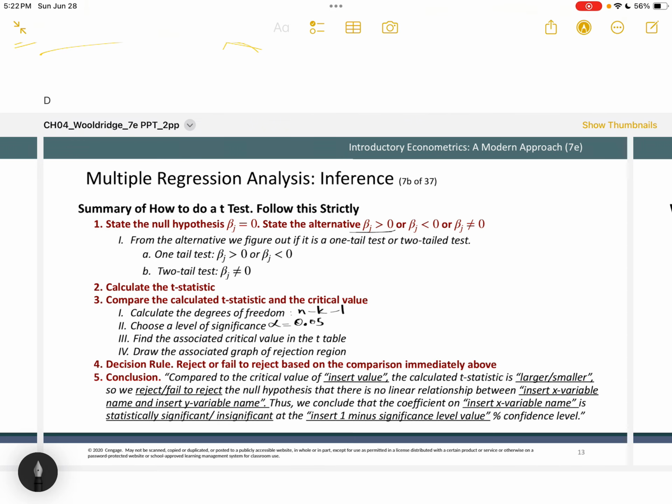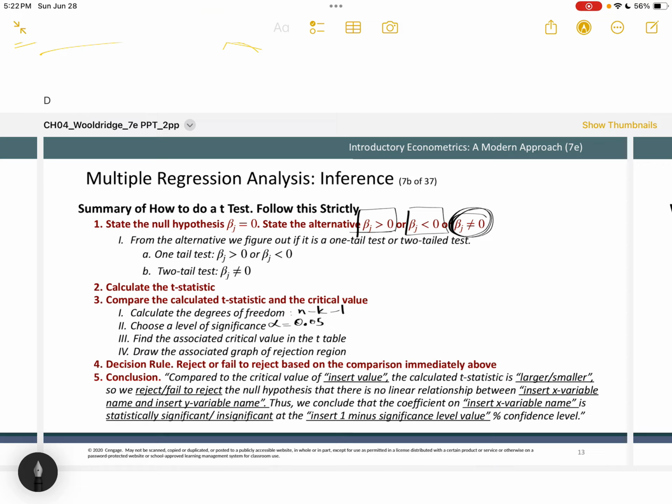That would mean that we are trying to use the data to prove that the relationship between xj and y is a positive one. If we were trying to prove that that relationship were negative, then beta j less than 0 will be the alternative hypothesis that we state.